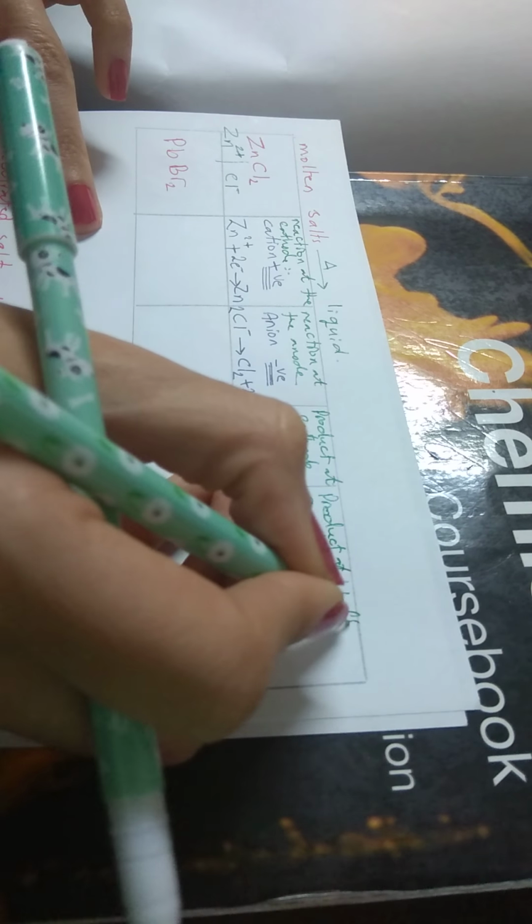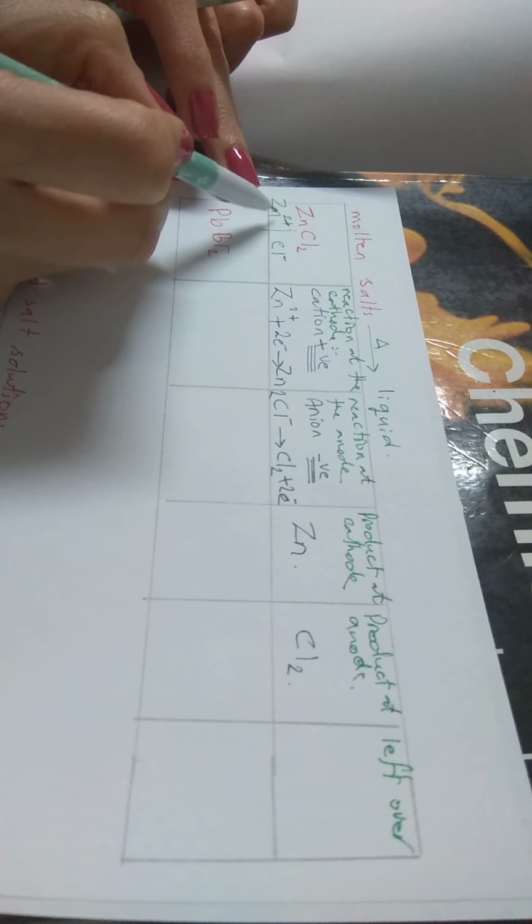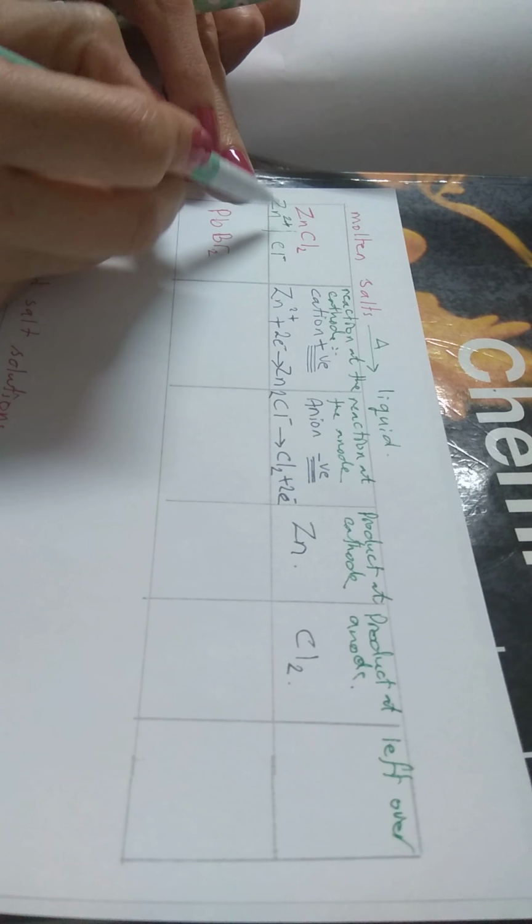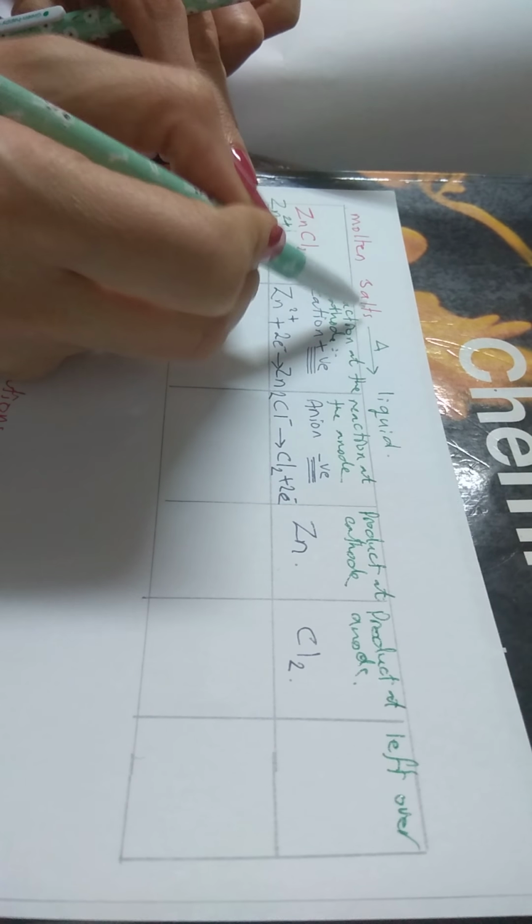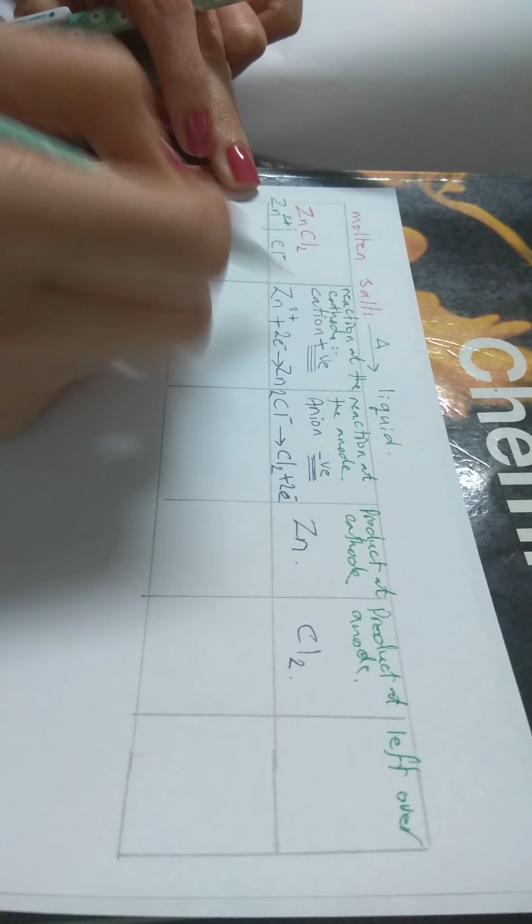Leftover, okay, the leftover. Do we have any ions that did not react? In this example, because it's molten salt, and as we said, the molten salts have only the ions of the salt, so there is no leftover.